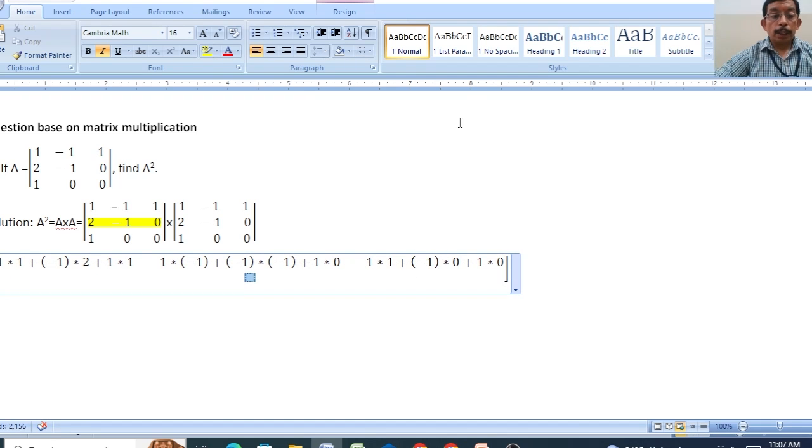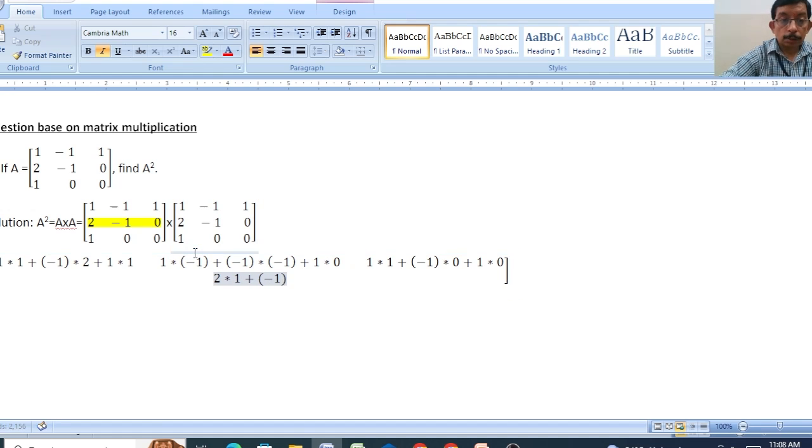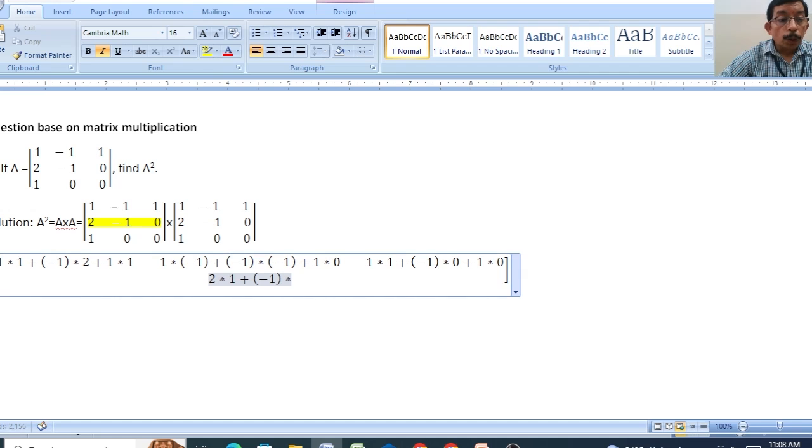The second row first element is 2 and the first column first element is 1, so 2 multiplied by 1, plus the second row second element, minus 1, into the first column second element, which is 2, so minus 1 multiplied by 2, plus the second row third element, 0, multiplied by the first column third element, 1.